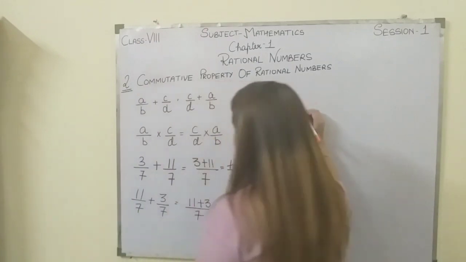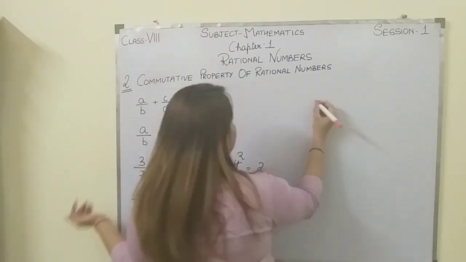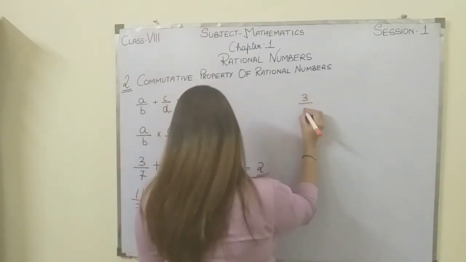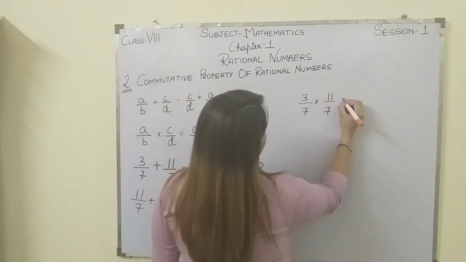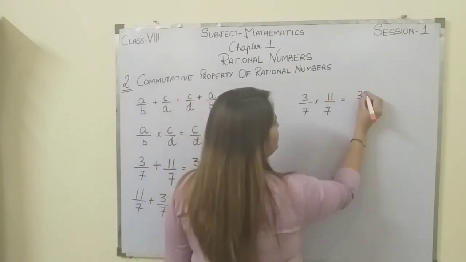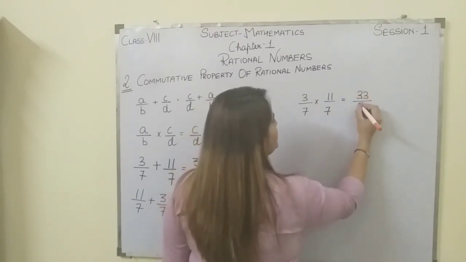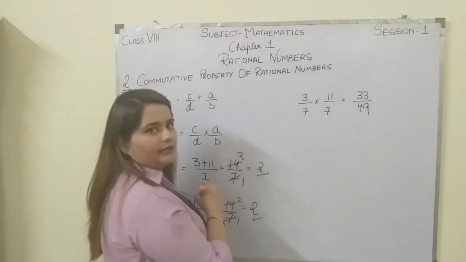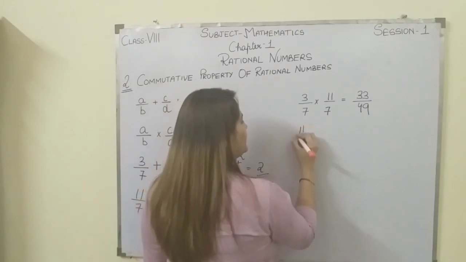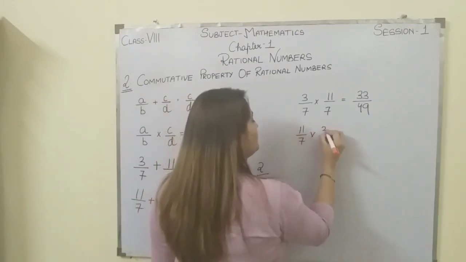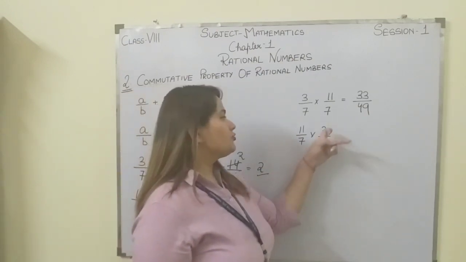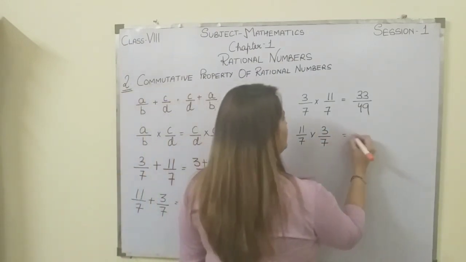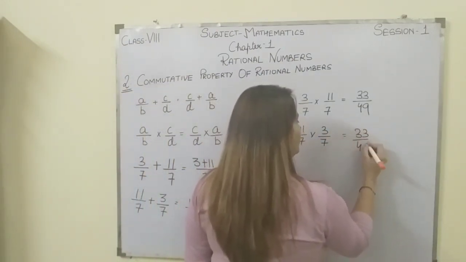Now let's see in multiplication. If I consider these two numbers only, 3 by 7 multiply by 11 by 7. So 3 into 11 is 33 and 7 into 7 is 49. And now if I multiply 11 by 7 into 3 by 7, it will be again 33 by 49.